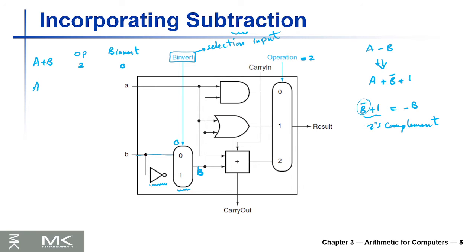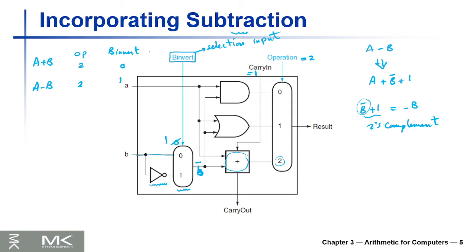If we are doing subtraction A minus B, still we're gonna use this adder, which corresponds to operation 2, but we're gonna make the B invert 1. So if this is 1, this will be B complement or B inverted. And the carry input in that case will be 1.